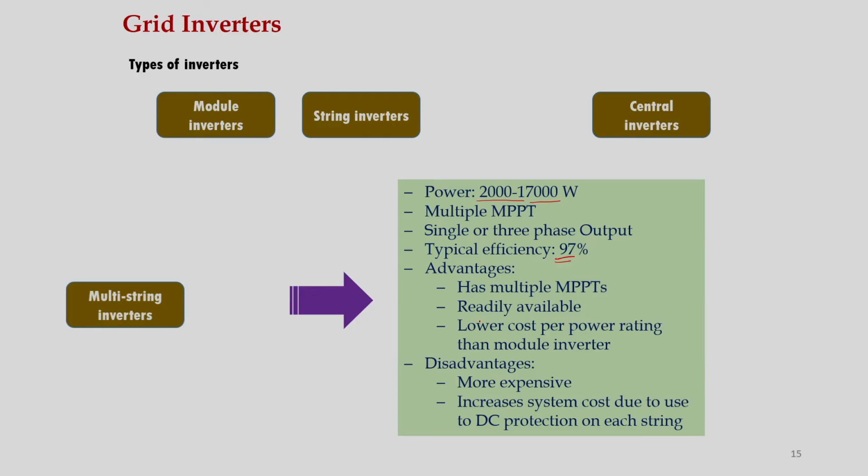Advantages include that it has multiple MPPTs, so it is more precise, it is readily available, and most importantly it has lower cost per power rating than module inverter. Disadvantages are that it is more expensive and increases system cost due to the use of DC protection on each string.